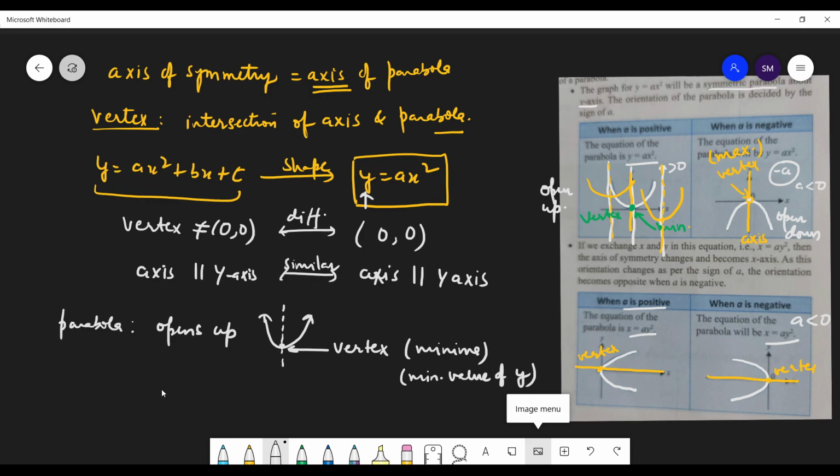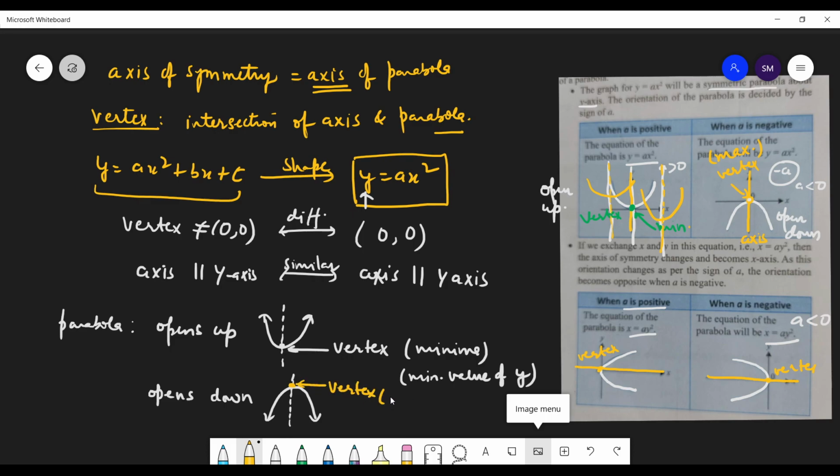Now if this parabola opens down, then the axis of symmetry will divide it into two parts. It will be parallel to the y axis, and this will be your vertex.